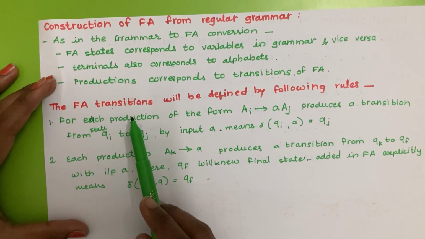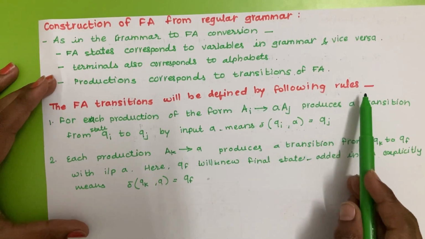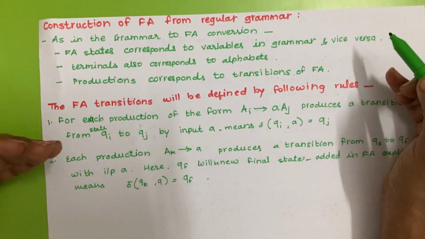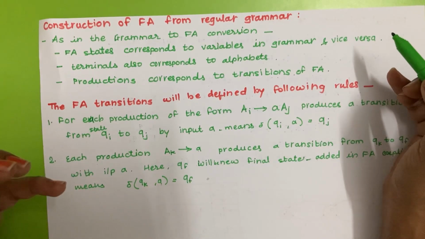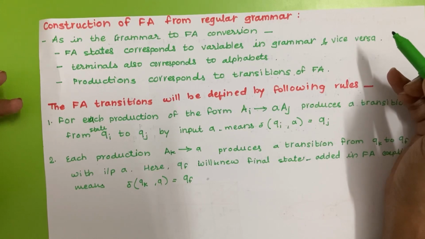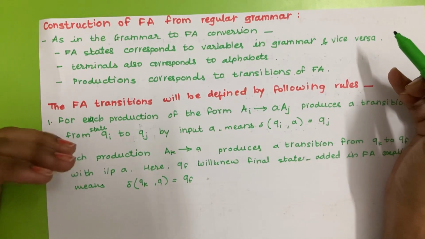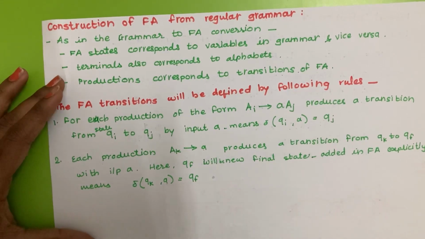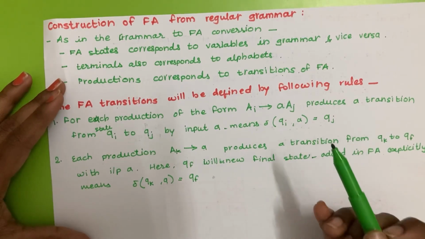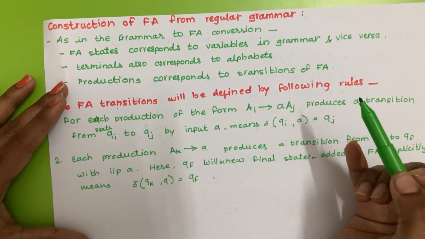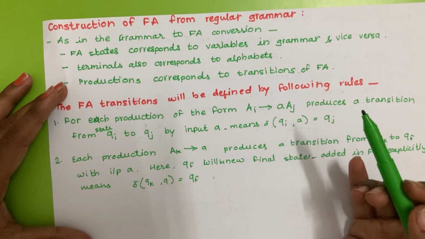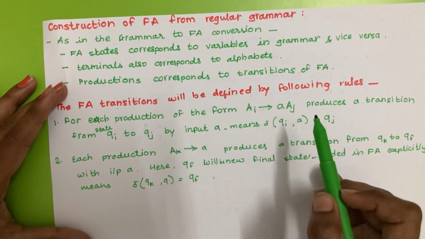The finite automata transitions will be defined by the following rules, as we have 4 tuples in the given regular grammar and 5 tuples related to finite automata. So while converting, we have to correlate these 4 tuples of grammar to finite automata. As we have discussed earlier, the set Q will be found with the help of variables present in the CFG.